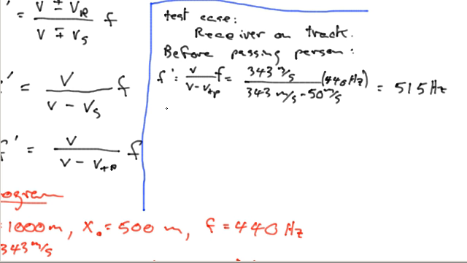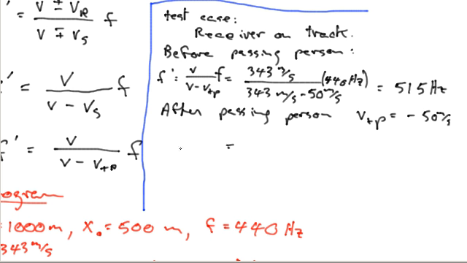And after passing person, V toward the person is going to be equal to a minus 50 meters per second.